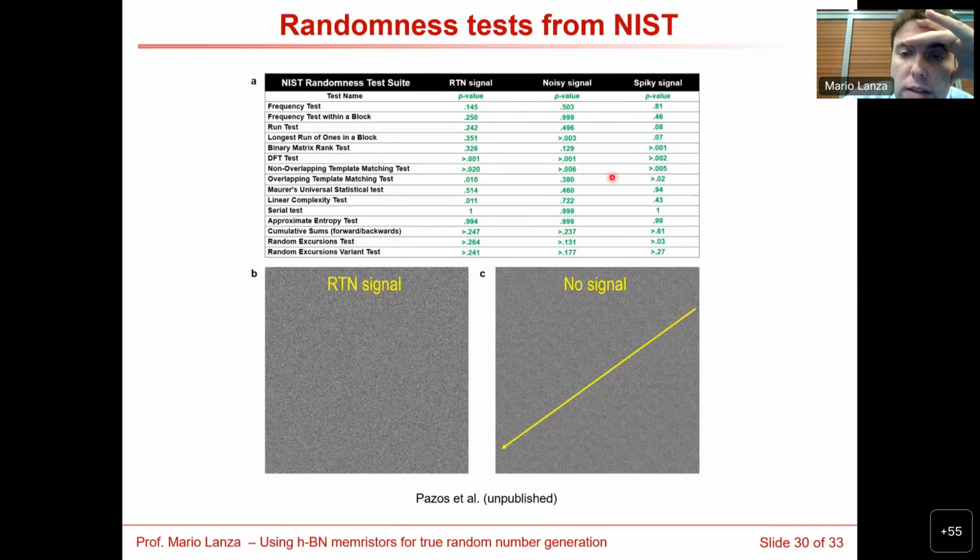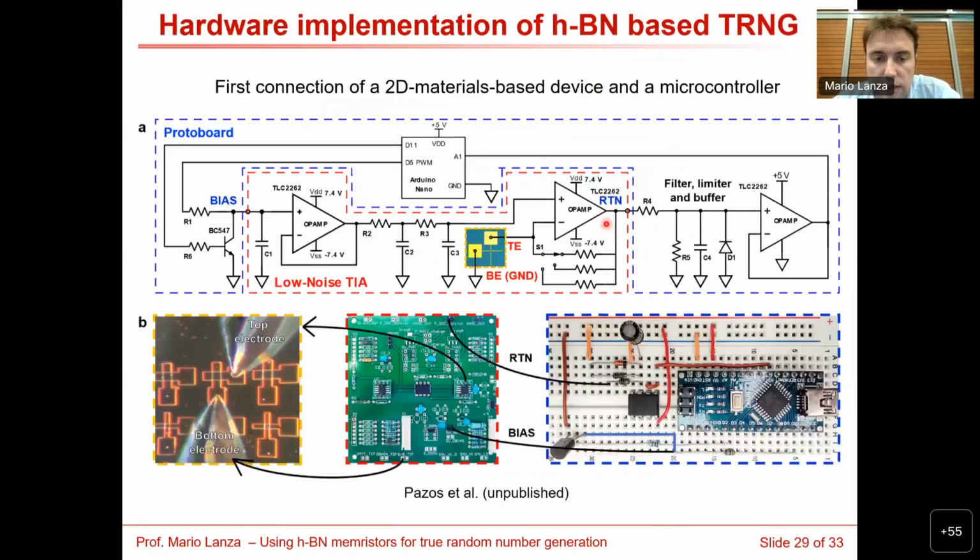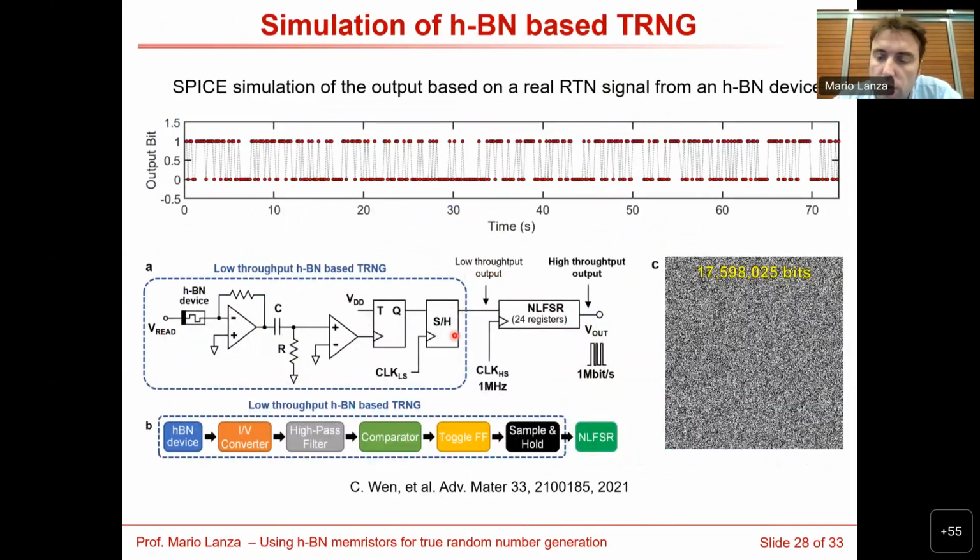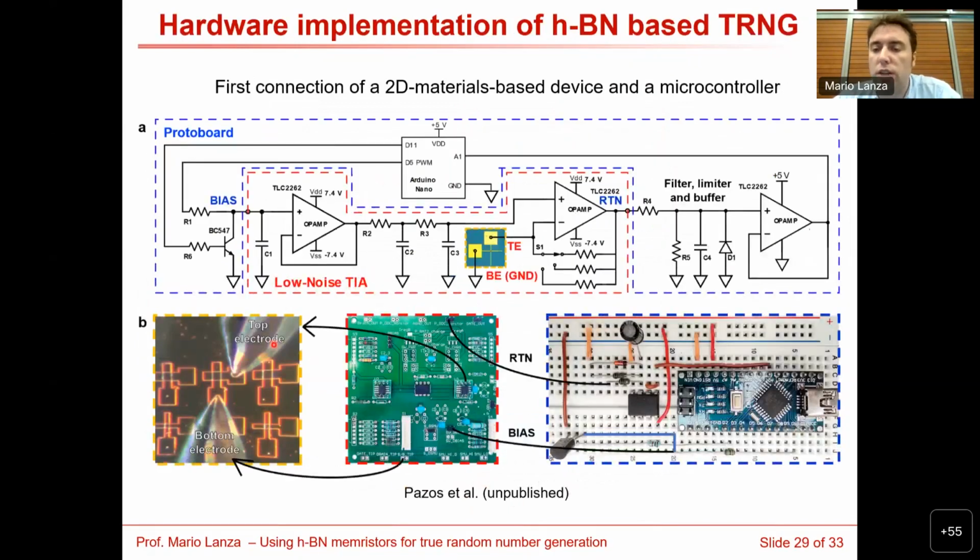Actually, this example that I'm showing here is not for the circuit that I have presented here. For this circuit, the randomness test list is shown in this article. Okay, the one that I have shown you corresponds to this other circuit.